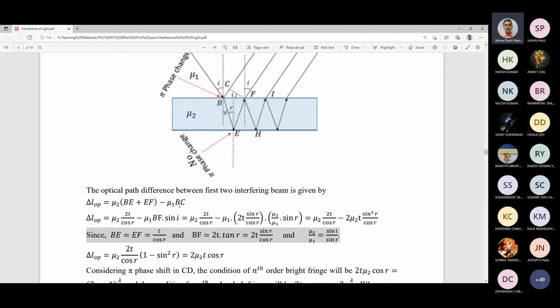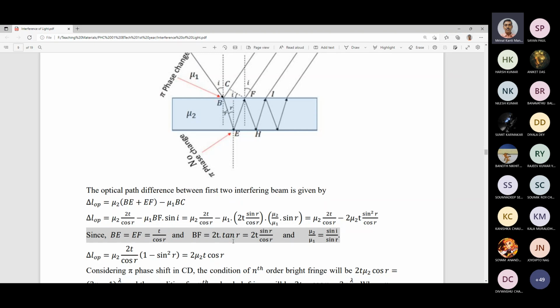And for mu1 BC, that BC is equal to BF sin i. This angle is i, this angle is 90. So we can write BC equal to BF sin i, and BF, this quantity, is equal to twice t tan r.